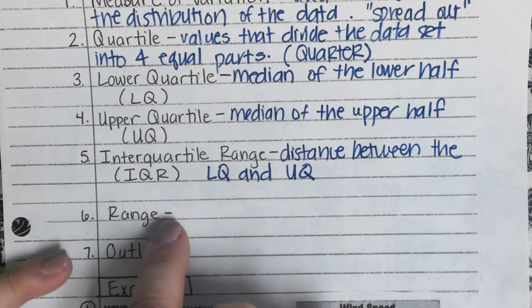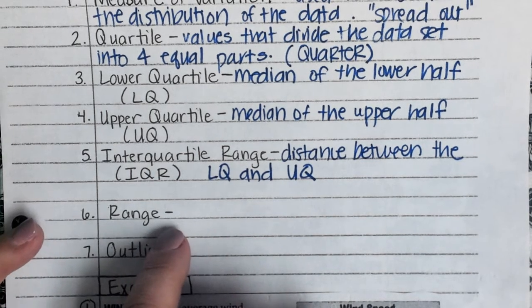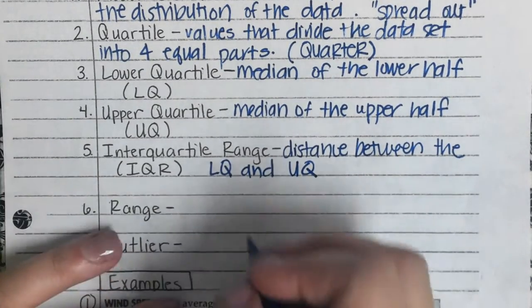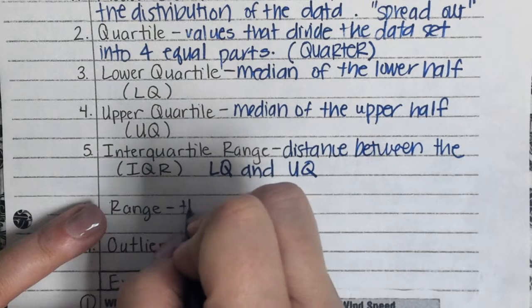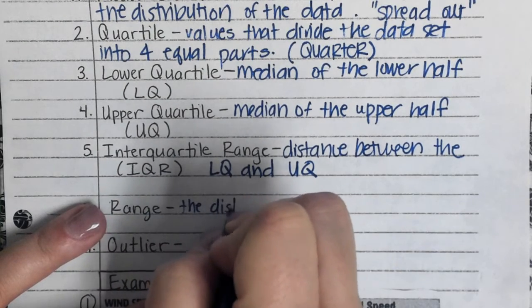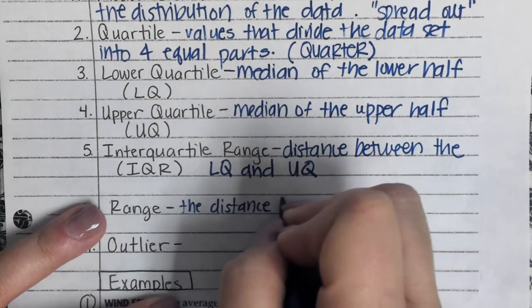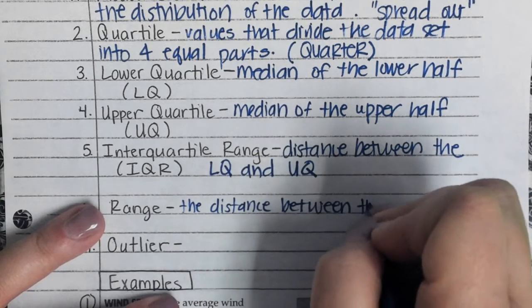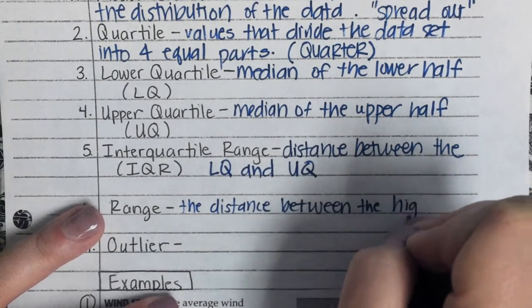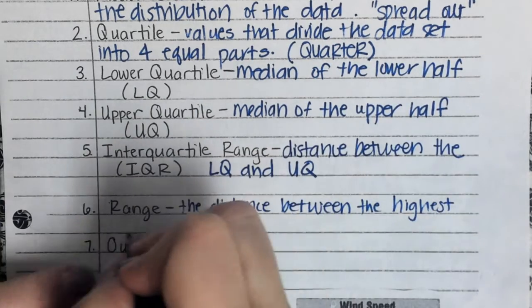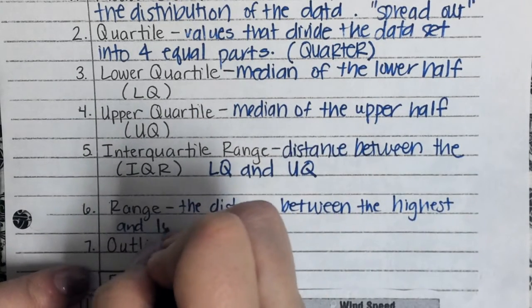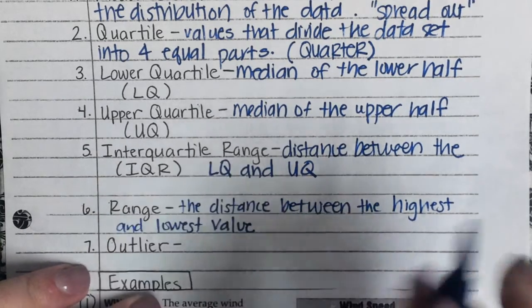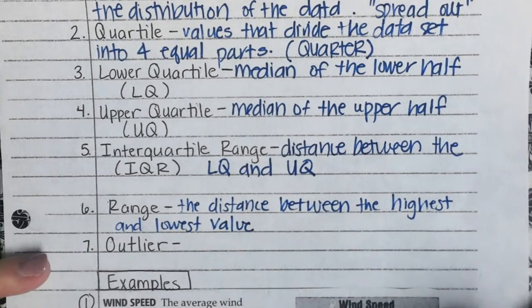So what was our definition of range again? Because this is the second time we've had this one. The highest and lowest value, right? So here we go. The distance between the highest and lowest value in a data set.